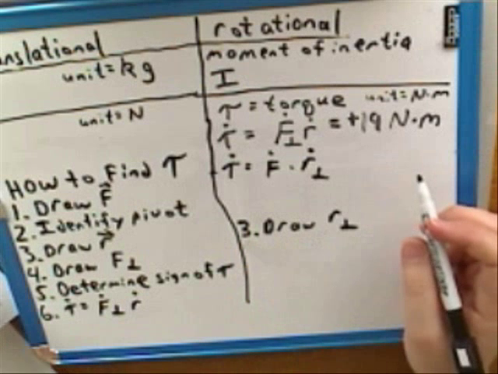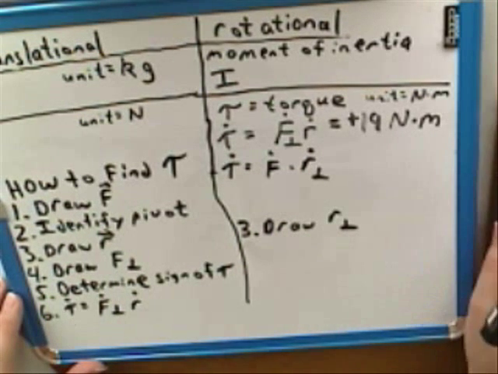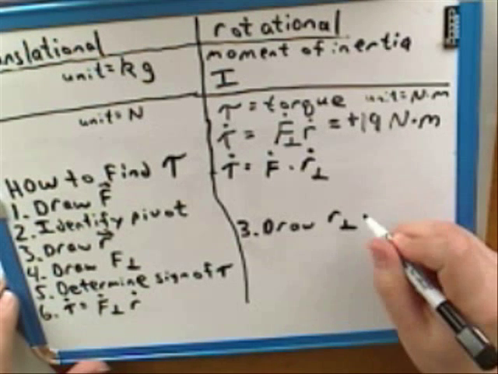Alright, now what is R perpendicular? R perpendicular is a line that goes from the pivot perpendicular to the line of the force.